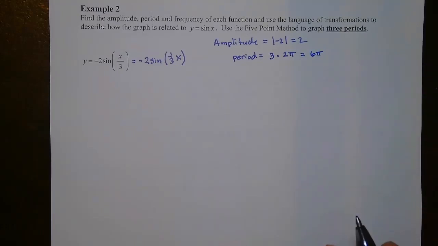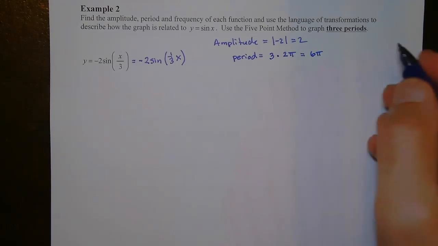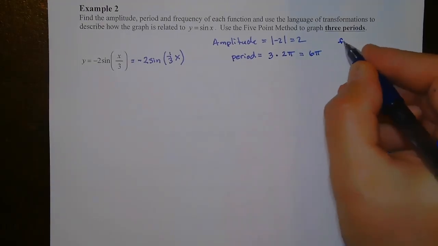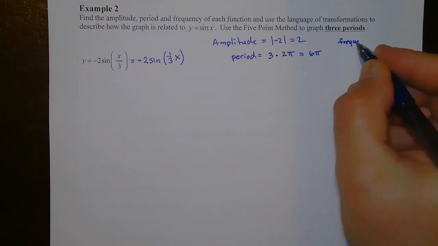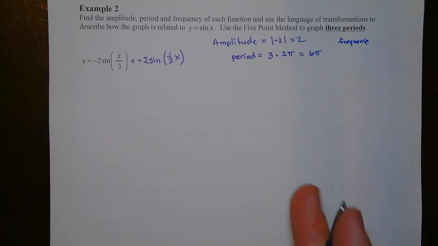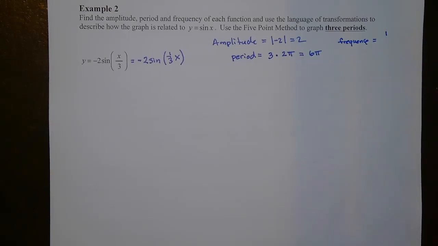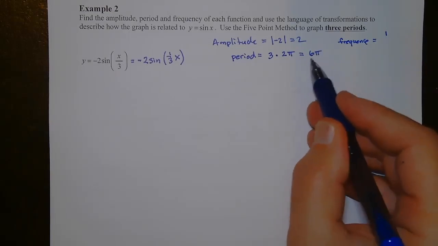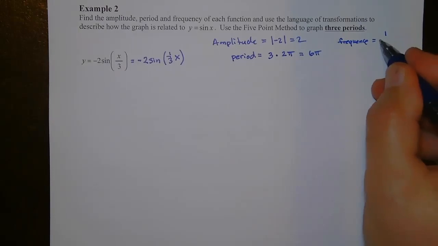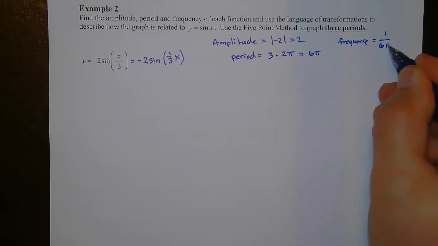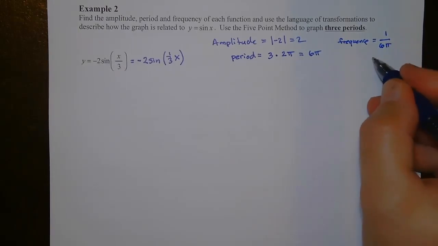So what's my frequency? I want to take 1 unit on the x-axis, and I want to know how much of these fit into that. So that means I'm going to have to divide. So 1 divided by 6 pi, that's the frequency. Now, what is that as a decimal?